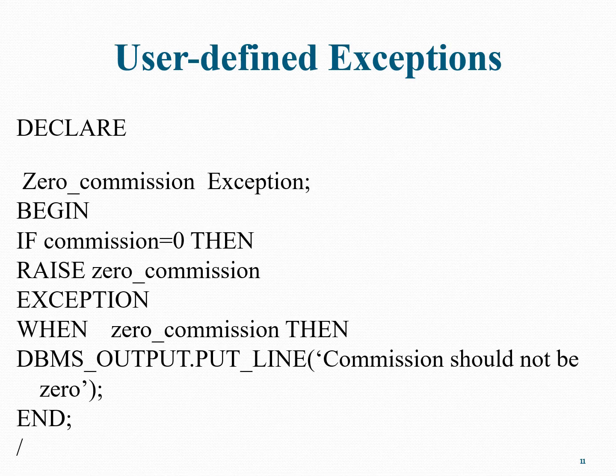So in the begin section we have used this condition: if commission is equal to 0, then raise zero commission. While executing the program, whenever the value of the commission is 0, that particular exception will be caught, and the code corresponding to it will be executed. So the message, the commission should not be 0, will be printed. So this is how we can define our own exception in our program.